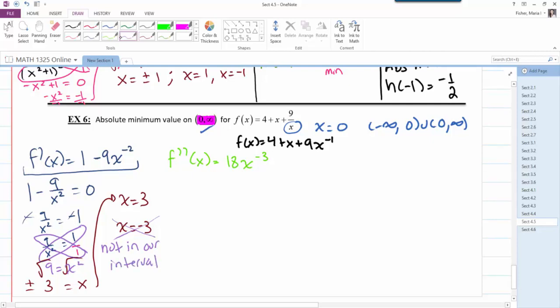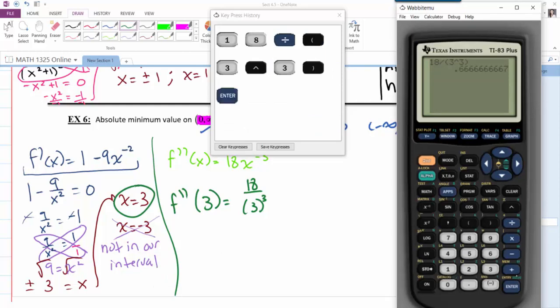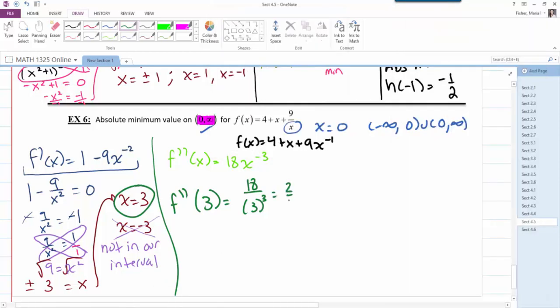So what we need to do now is again evaluate it at the second derivative. So I need to figure out what is f double prime of 3, which is going to be 18 over 3 cubed. And again, if we grab our calculator, 18 divided by 3 to the third is a positive number. And if it's positive, we know that we are concave up. And if we're concave up, that means that we're going to have a minimum value.